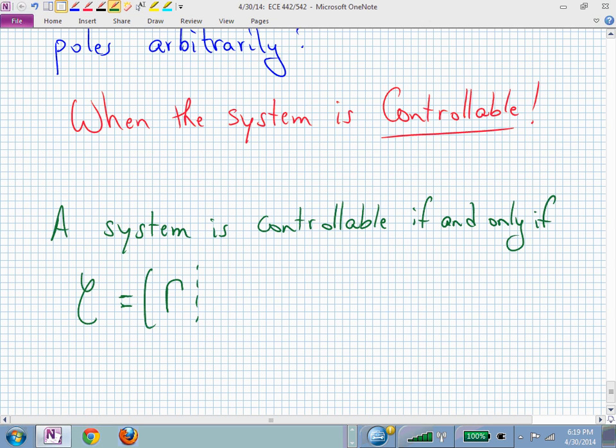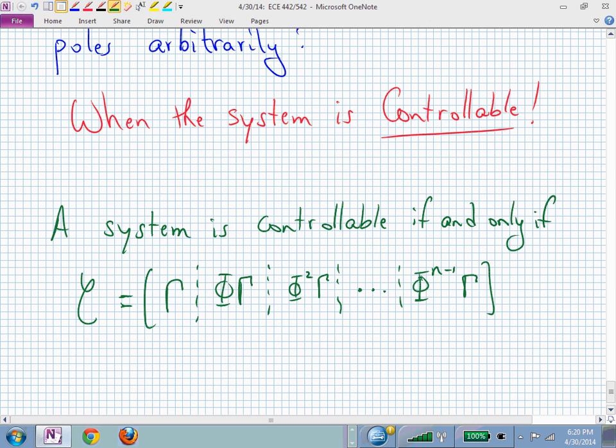It's n rows tall, and we hit it on the left with our system matrix, phi. These are the open loop matrices. Then we just keep hitting it with higher powers of phi until we get tired, which is when we've multiplied it up to the power n minus 1, where n is the dimension of our phi matrix.